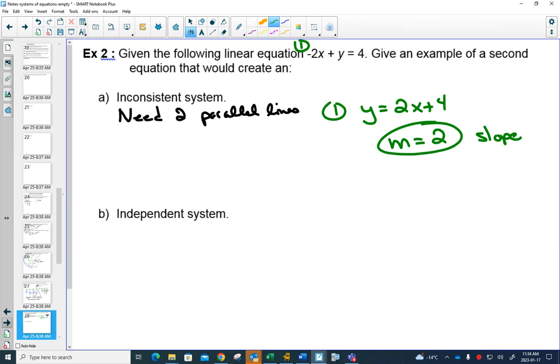So if I make another line parallel, it also needs a slope of 2. But if I need it to be an inconsistent system, it has to have a slope of 2, but not be the same line. How many choices do I have for my last number? Lots, right? Basically anything but 4 will work.